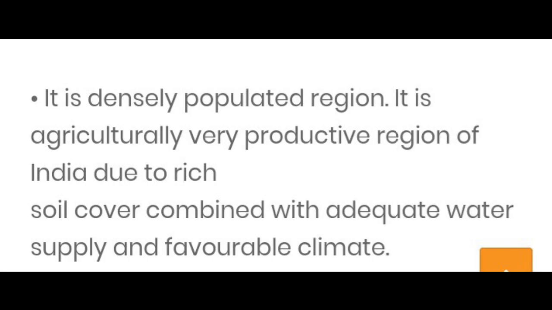Northern plain is a densely populated area. It is agriculturally very productive due to the fertile soil which is available. Along with fertile soil, we have adequate water supply and a favorable climate.